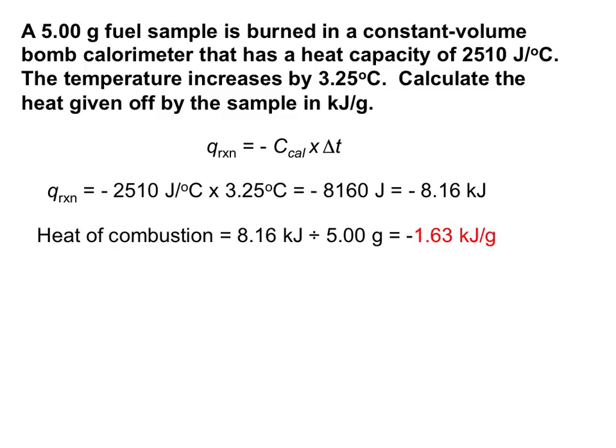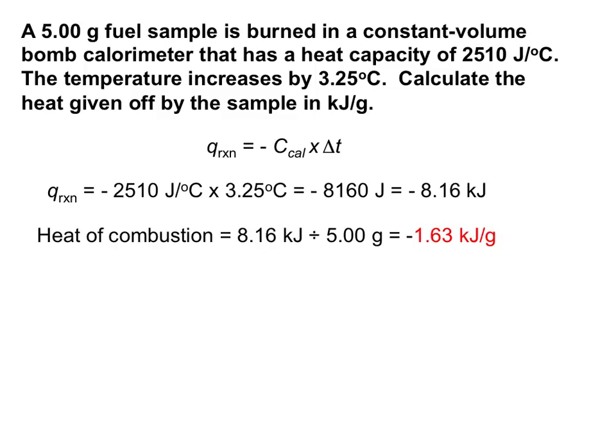Remember that this C value here is for the calorimeter, so for the instrument that's being used to run this reaction. So even if they don't tell you it's a constant volume or a bomb calorimeter, you can get the hint based on the units associated with the calorimeter, them telling you that the specific heat capacity of the calorimeter is as such, etc.